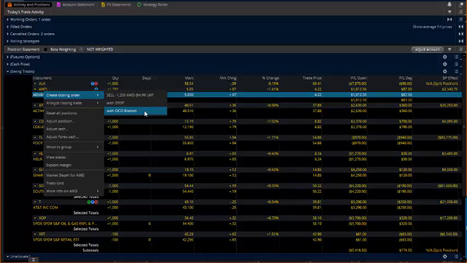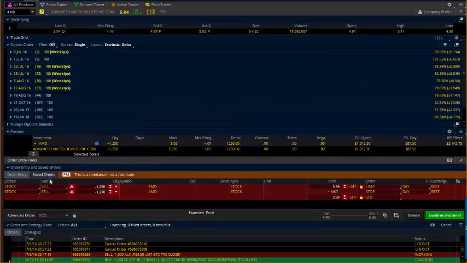OCO bracket means one cancels the other. You bring this order form up. Now your target will be your limit price, 5.85. Make that good until canceled. Your stop loss will be your stop price, 4.51. Make it good until canceled, and then here is our order.